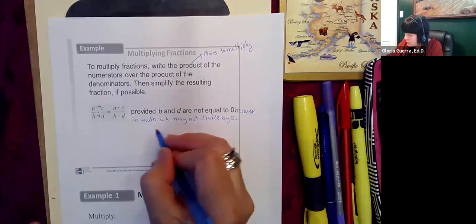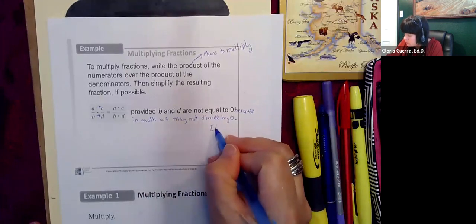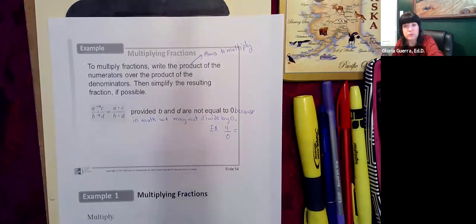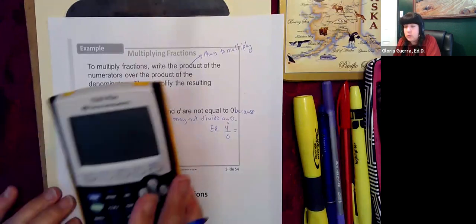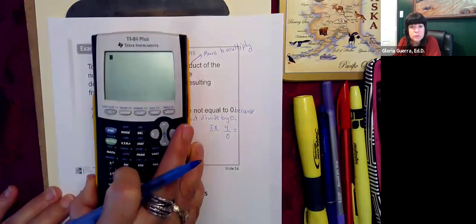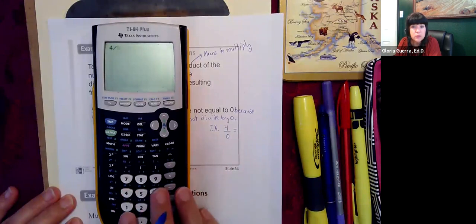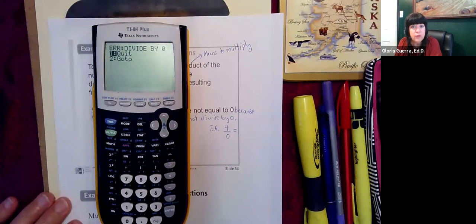Okay, so for example, if I write 4 over 0, and if I use my calculator just to show that, see if I take 4, then I divide it by 0. See how your calculator says there's an error, divide by 0, and it tells you to quit.